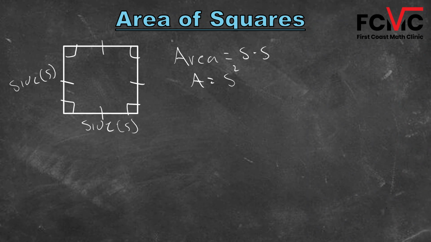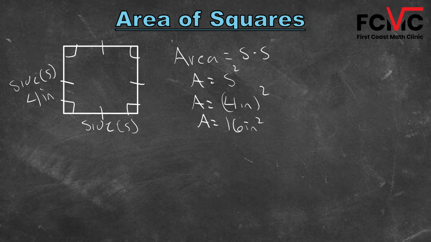So let's say that our side length is 4 inches, then our area here is going to be 4 inches squared. So our area of this figure is going to be 16 inches squared. Let's do a couple more examples with area of squares.